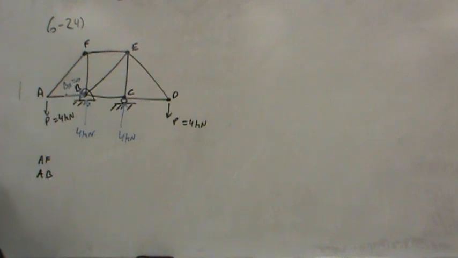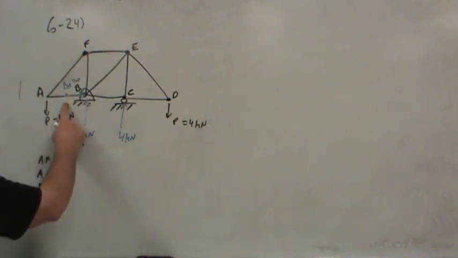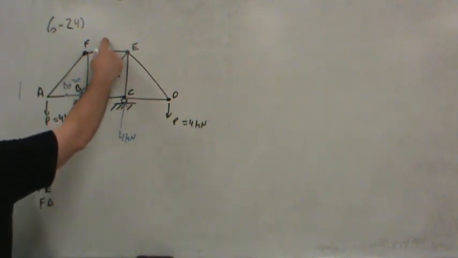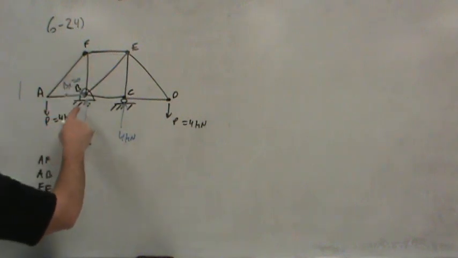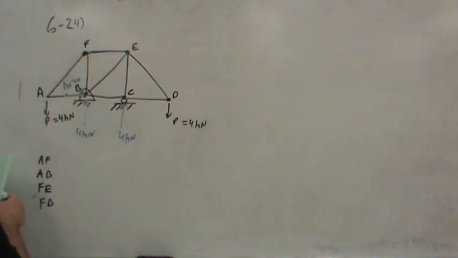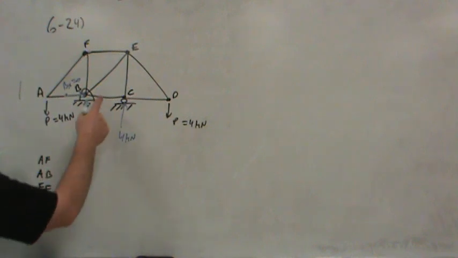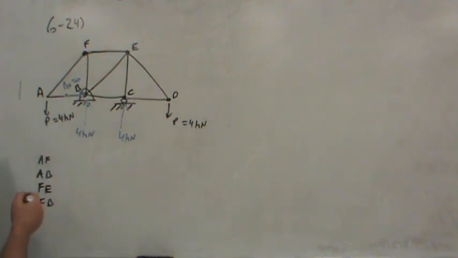So I solved for AF and then AB, and then I solved for FE. After that, I solved for FB. Let's see. AF, AB, FE, FB. Probably move to point B next. Yep, so that would involve BE and BC.